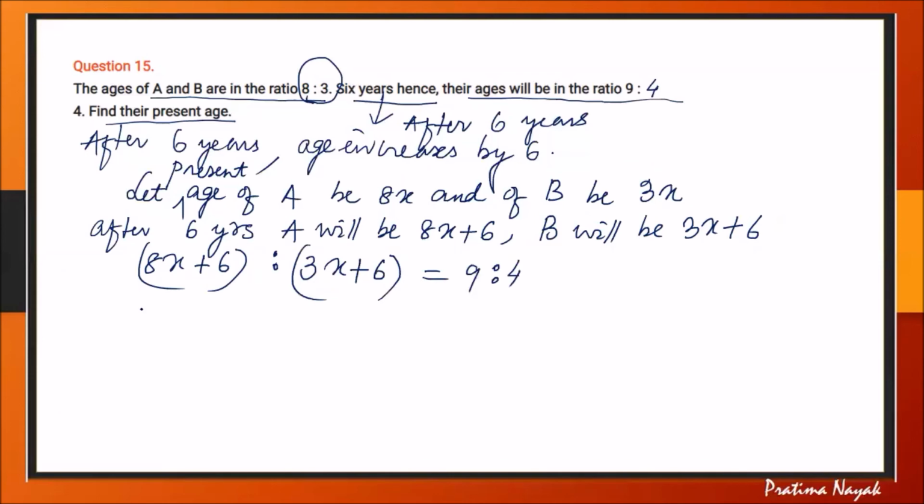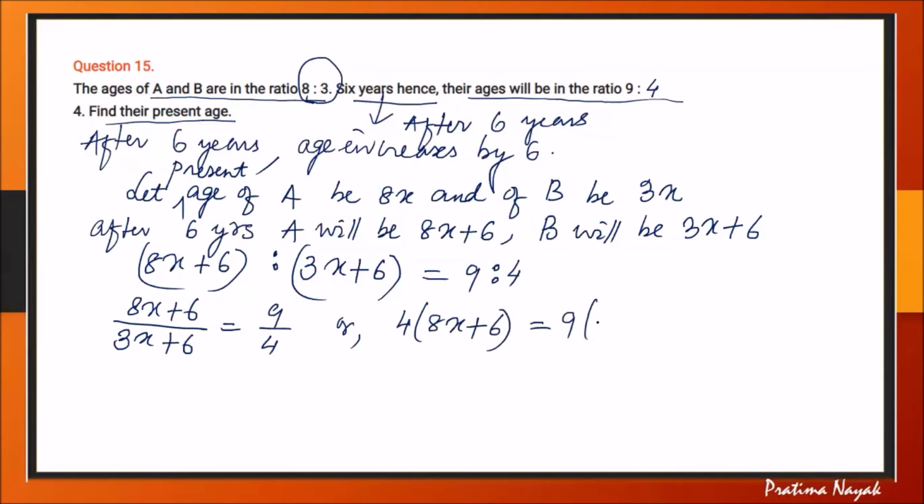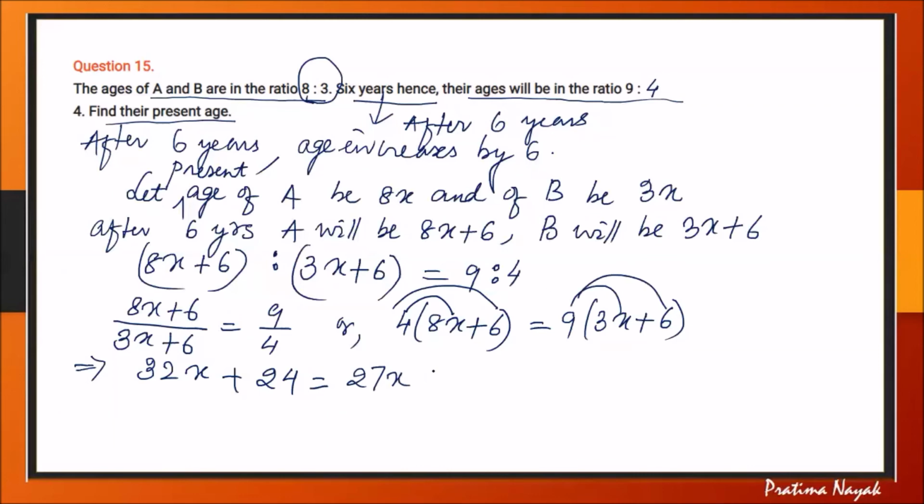So 8x plus 6 upon 3x plus 6 is equal to 9/4. Cross multiply, 4 times 8x plus 6 is equal to 9 times 3x plus 6. Now multiply, it will be 32x plus 24 is equal to 27x plus 54.